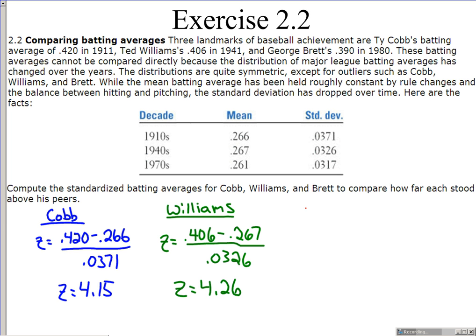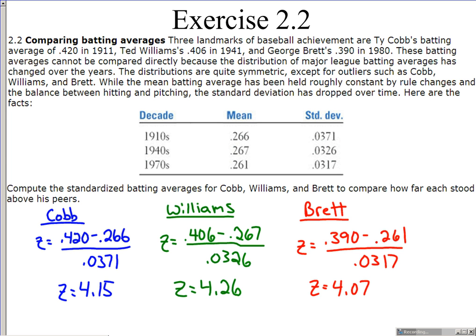Last one, George Brett. George Brett hit .390. Mean batting average in the decade was .261. The standard deviation was 0.0317. His z-score is 4.07.